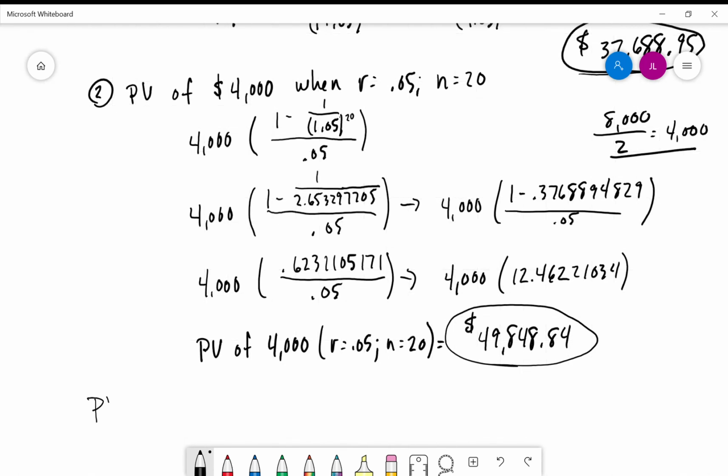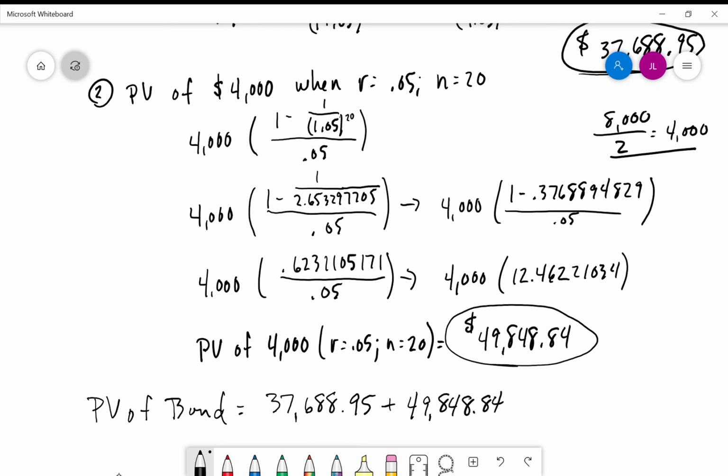So the present value of the bond is equal to $37,688.95 plus $49,848.84. And when we add those up, we get $87,537.79. This is the present value of this bond.